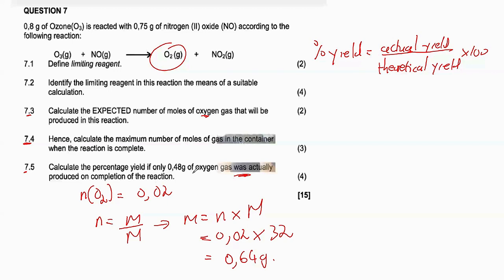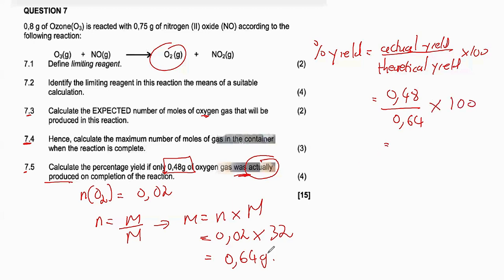Now, let's read. Calculate the percentage yield if 0.48 gram of oxygen was actually produced. So that means the 0.48 gram is the actual yield, right? That was what was actually produced. But the expected mass was 0.64, multiplied by 100.